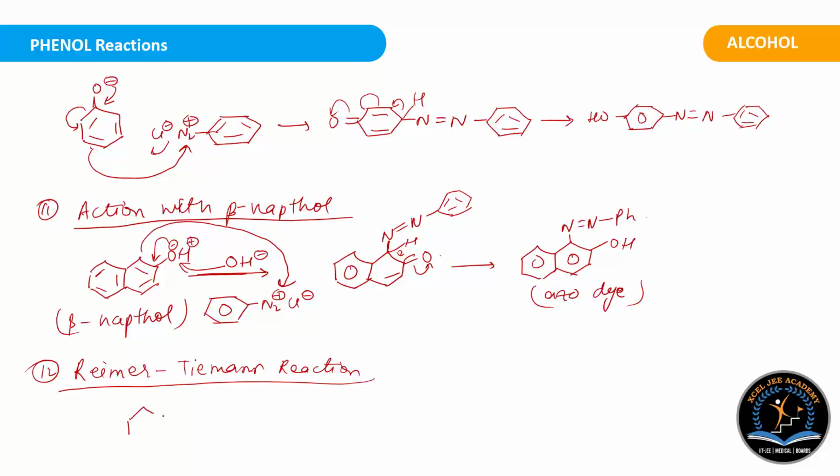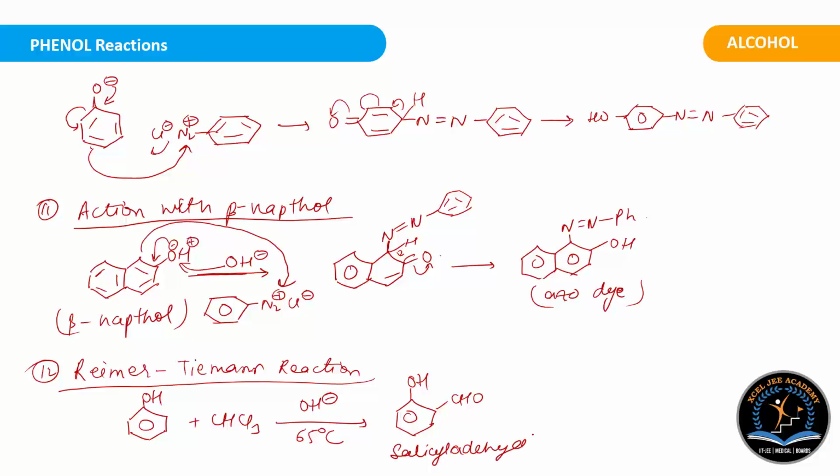I am just going to write the reaction. We have this phenol reacting with chloroform, that is CHCl3, in the presence of a base which is OH minus, at a temperature of 65 degrees Celsius, and we are going to produce salicylaldehyde, which in this case is phenol with a CHO group. So this is the compound which we have obtained here. We have already covered this mechanism, so I am not going to write that part again.